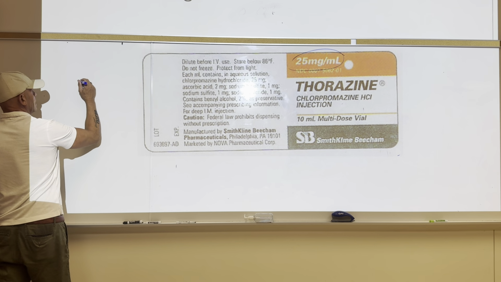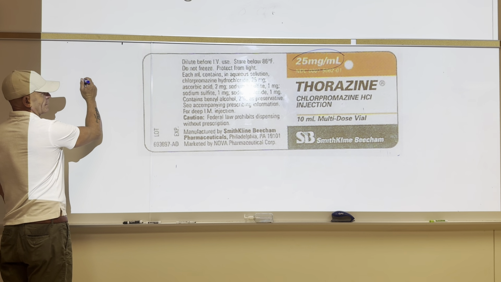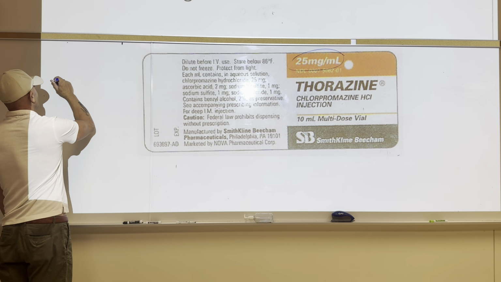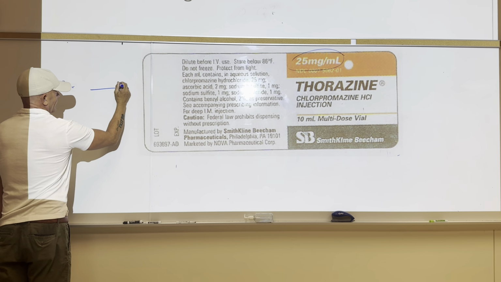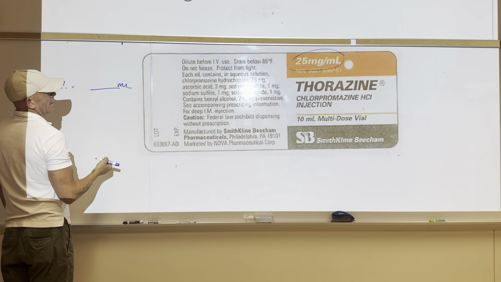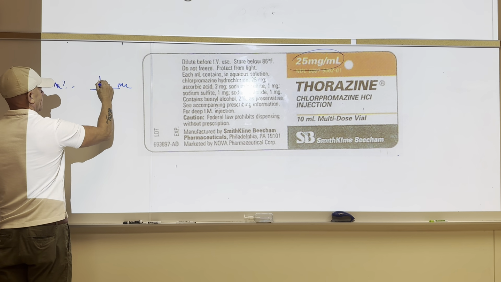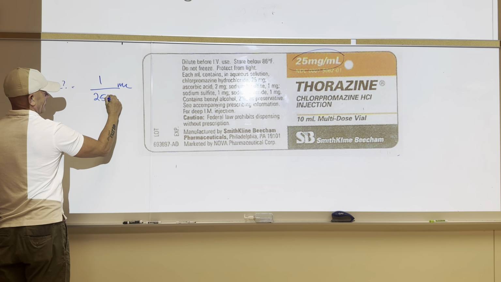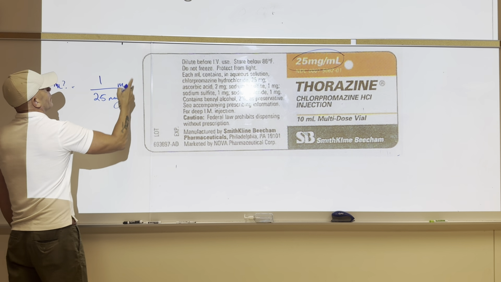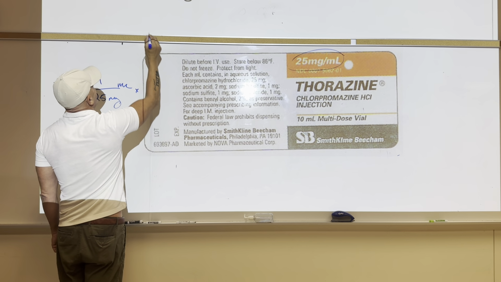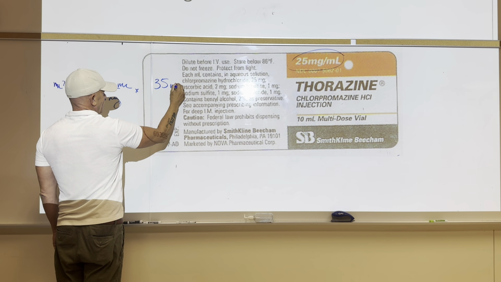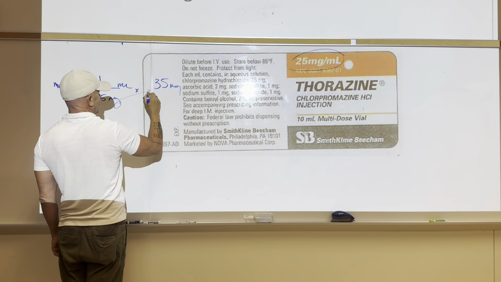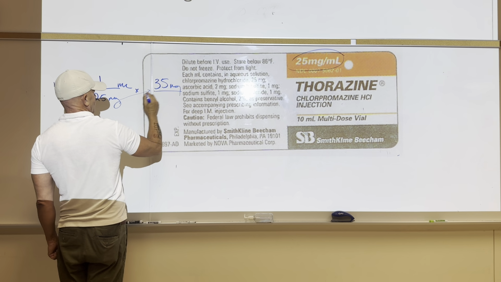So I'm looking for mLs, correct? Correct. So mLs first. We know 1 ml is 25 milligrams. They're asking you how many mLs is in 35 milligrams. So we bring 35 milligrams up here, because remember, milligrams come up here, that's what we do.